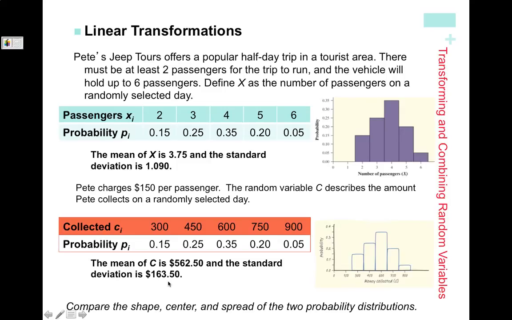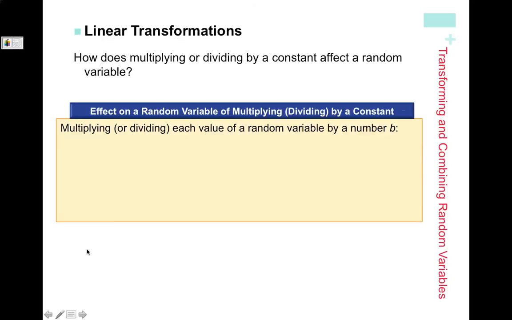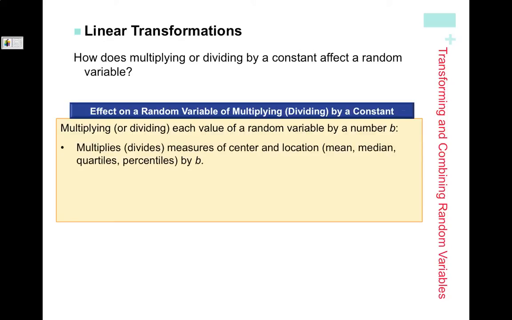So notice that the shape doesn't change. The center has been multiplied by 150. And the standard deviation also has been multiplied by 150. That can be summed up with this orangish box right here. When we multiply or divide each value of a random variable by b, we take the measure of center and location, mean, median, quartiles, percentiles, and we multiply by b.